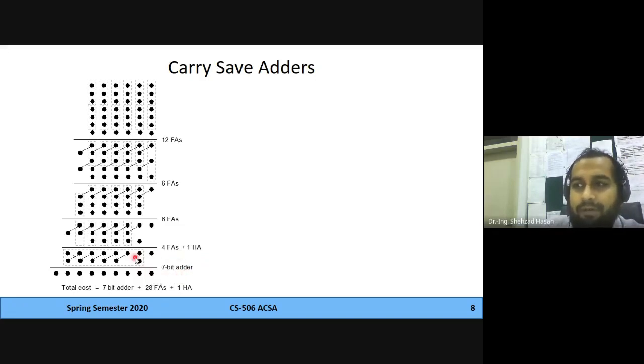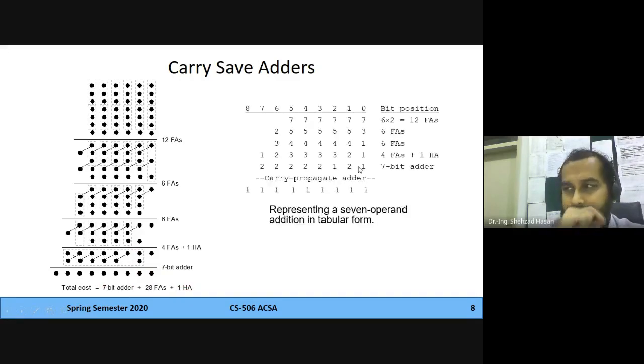So instead of 7 bits, it would be 6 bits, but still the number of steps are going to remain the same. So you could have used one full adder at this point to reduce the size of this 7-bit adder to a 6-bit adder, right? Then it would be a 6-bit adder, 28 full adders, and 2 half adders. Okay, so this is about carry save adders. This is how the reductions have happened at each level from 7 inputs.